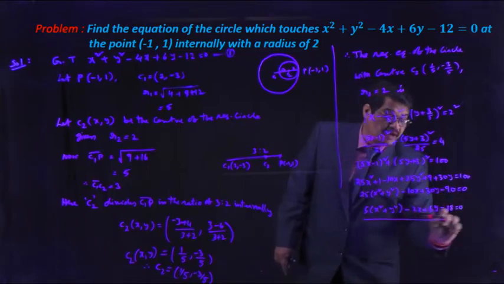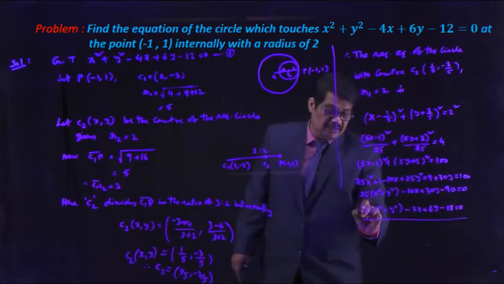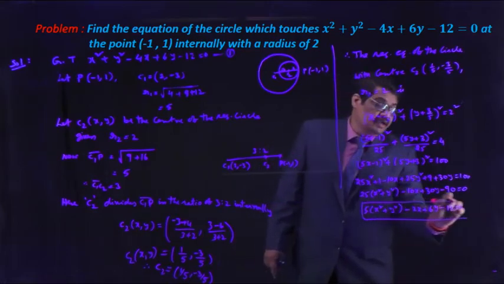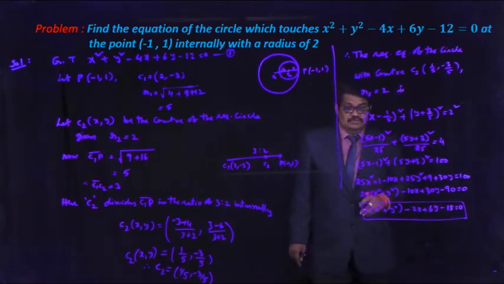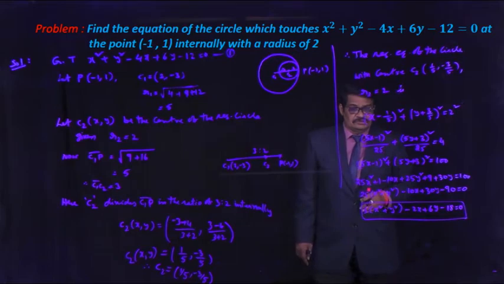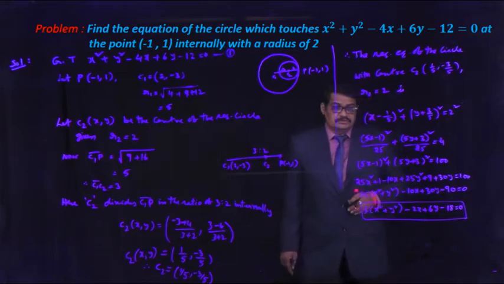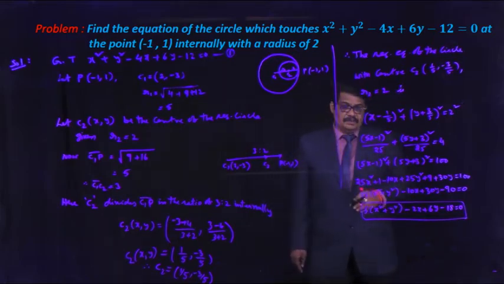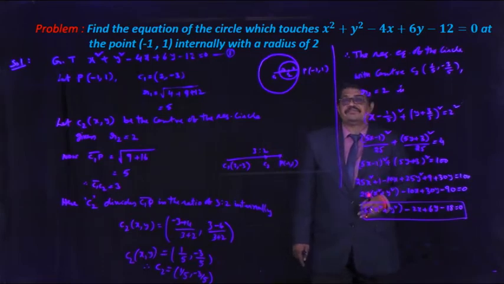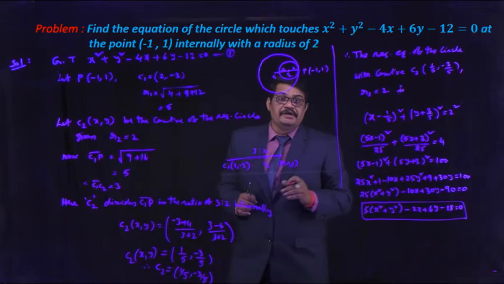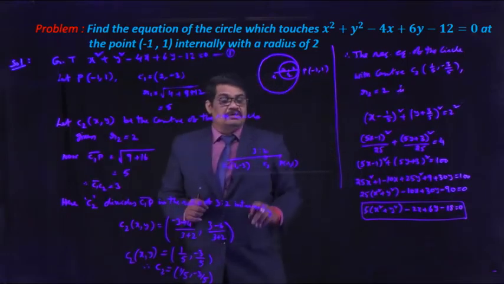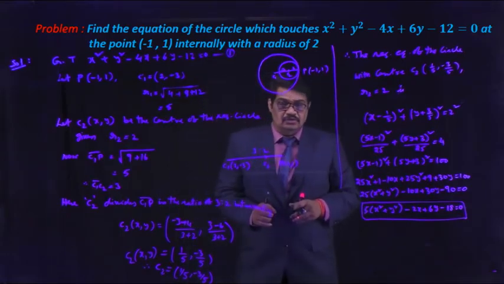The required equation of the circle is, here we are obtaining, 5 into x square plus y square minus 2x plus 6y minus 18 is equal to 0. Okay, this is the required equation of the circle which touches the given circle at the point minus 1 comma 1 and radius is 2 units.